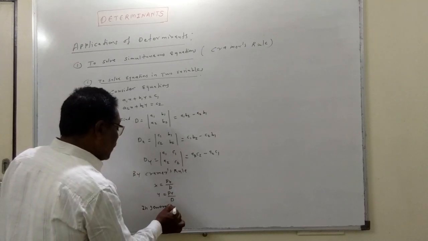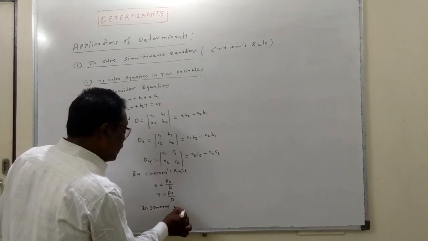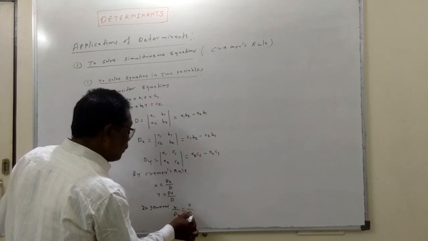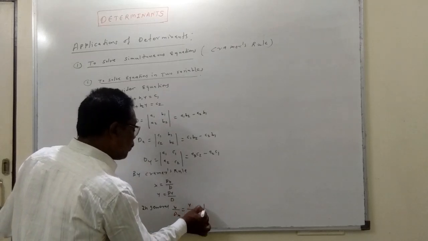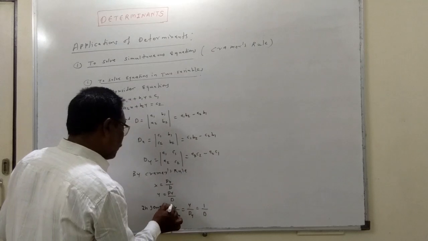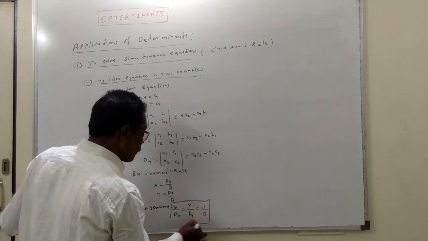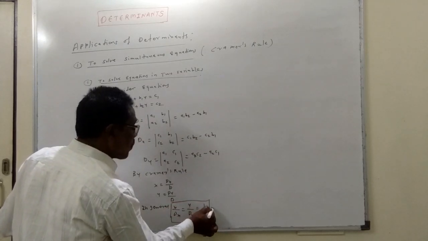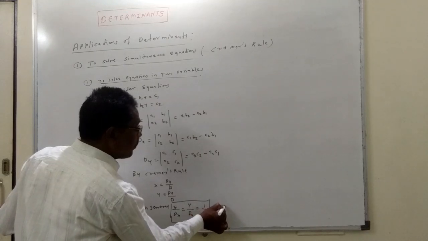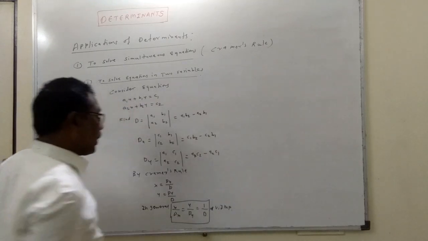In general, x upon dx is equal to y upon dy is equal to 1 upon d. A very important formula we are getting.